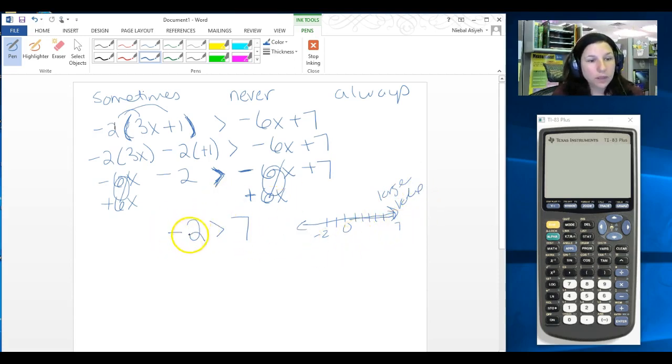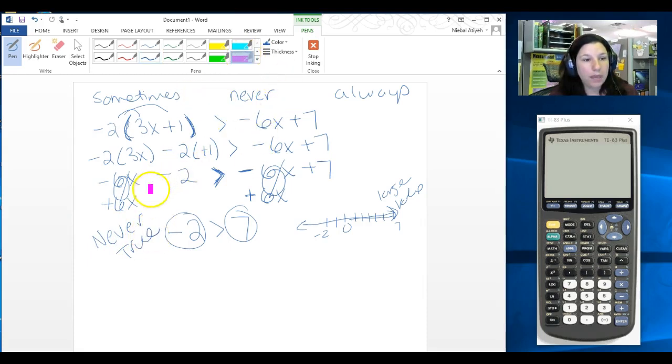Notice also there's no variables here, so there's nothing left that is going to change my values. This is always going to be a negative 2, and this is always going to be a 7. So it's never true. We canceled out our variables on both sides.